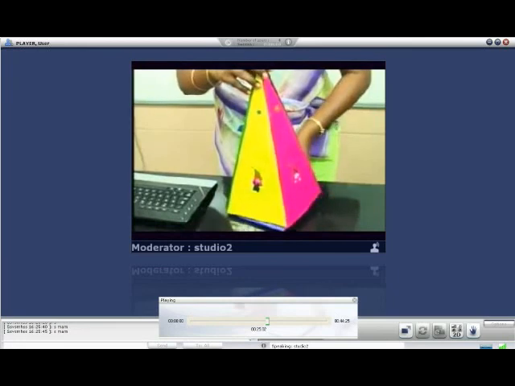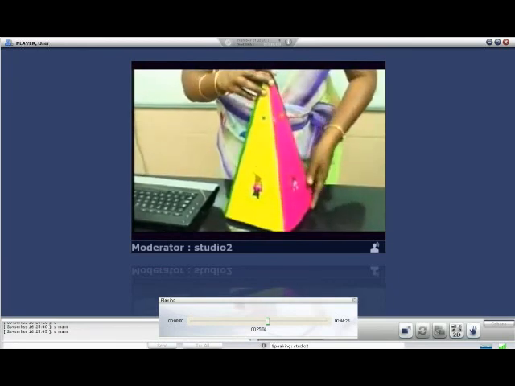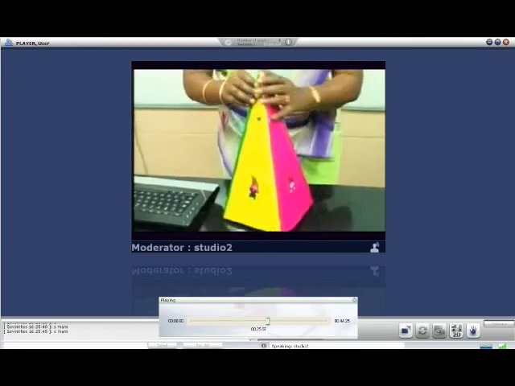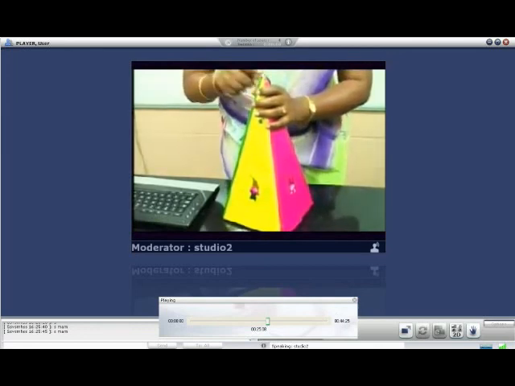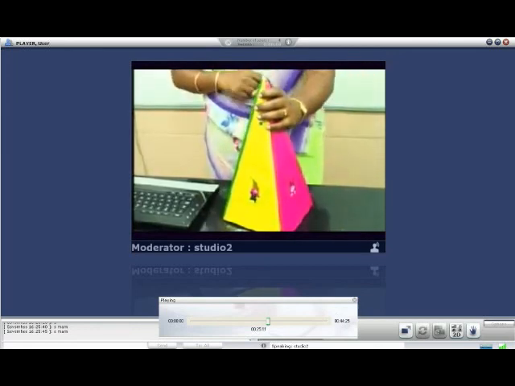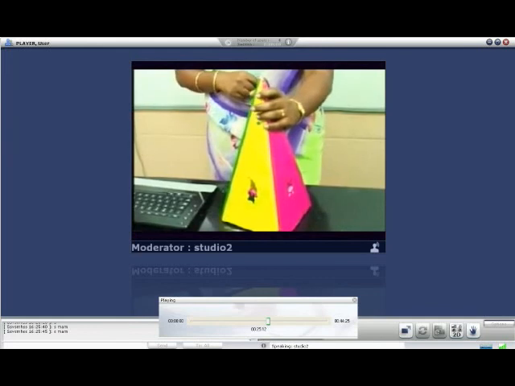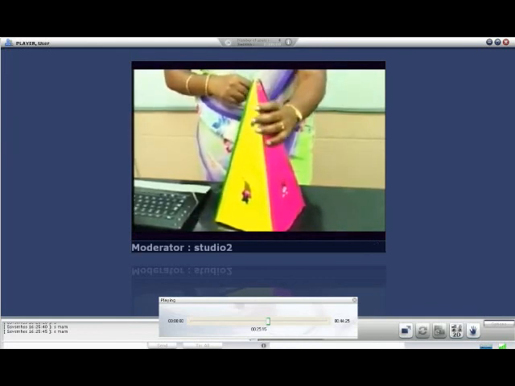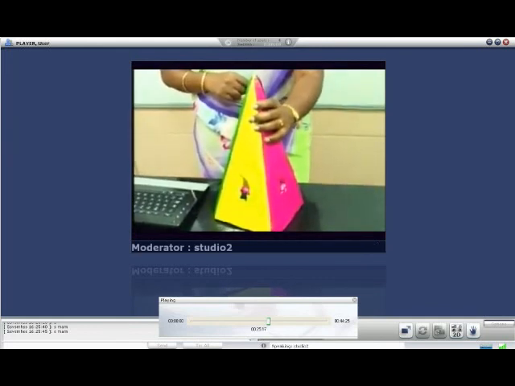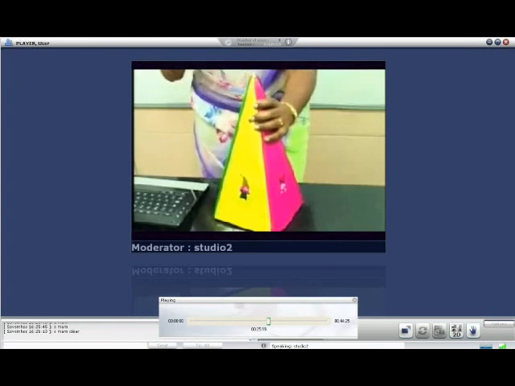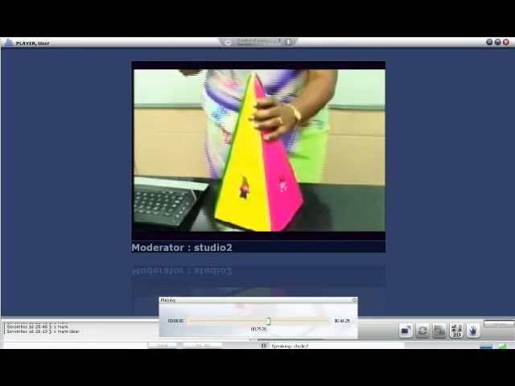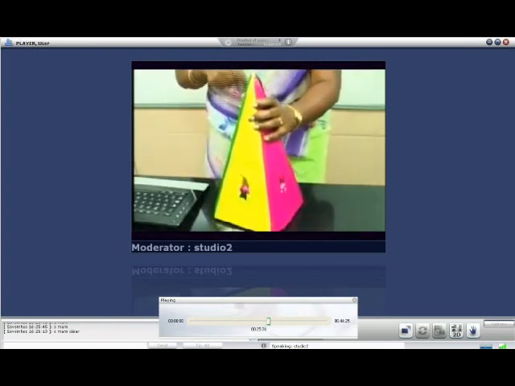So you have one square base and 4 triangular faces, and 5 vertices, 8 edges for a square pyramid. Are you clear with this? Yes, Sundareshwara? Are you clear how to get the number of vertices and how to get the edges of each pyramid?